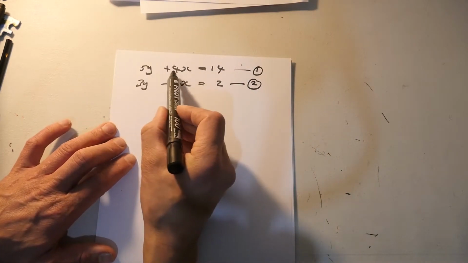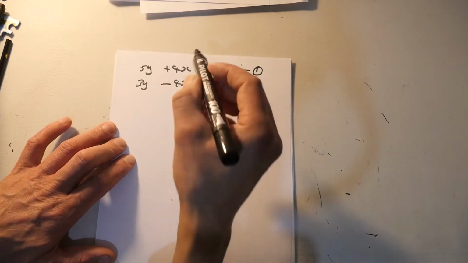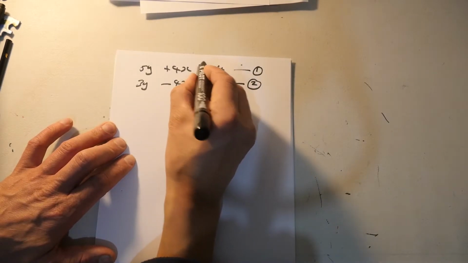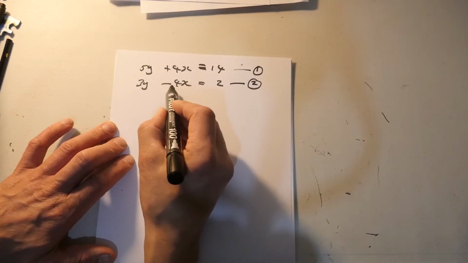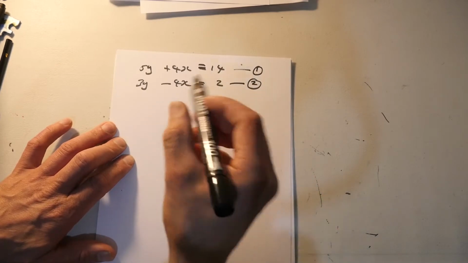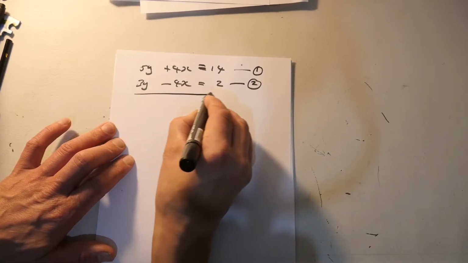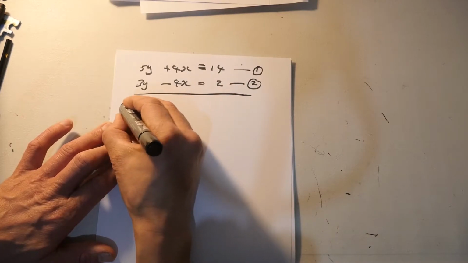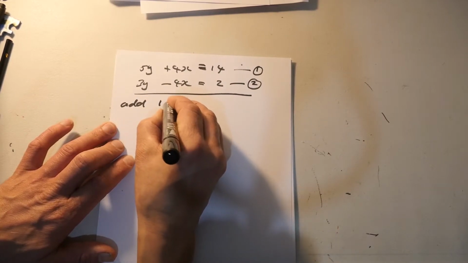So 5y plus 4x equals 14. 3y minus 4x equals 2, okay? So if I add 1 plus 2, okay?